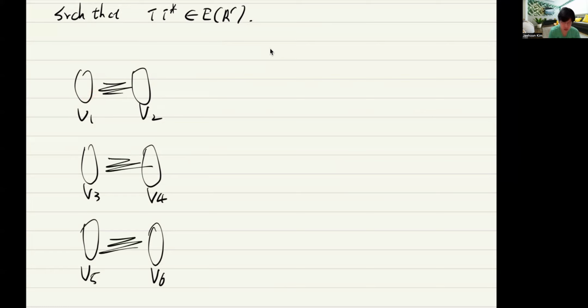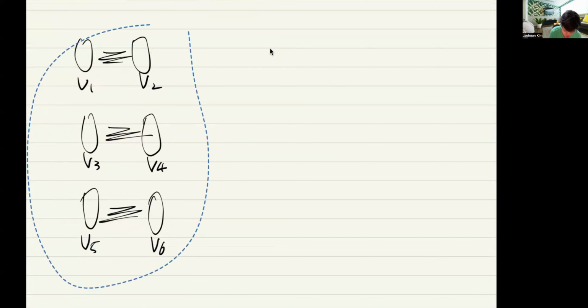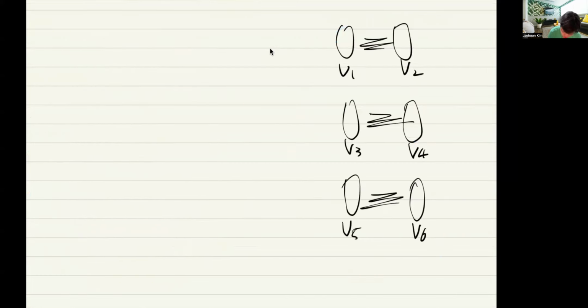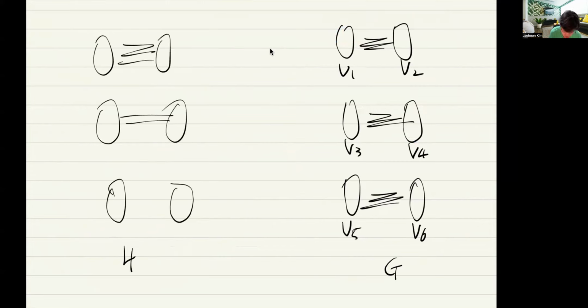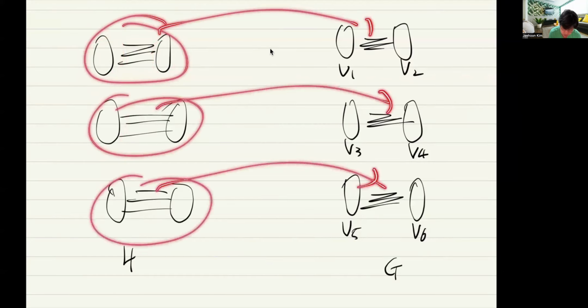Our plan is to somehow make it epsilon superregular, and then you prepare your H. So this is G. Later we also prepare your H in a way that you also partition them into these sets. And then you invoke the blow-up lemma to embed it here.